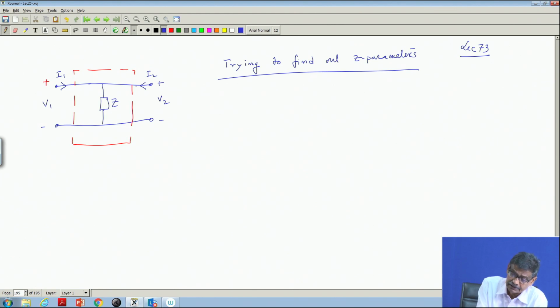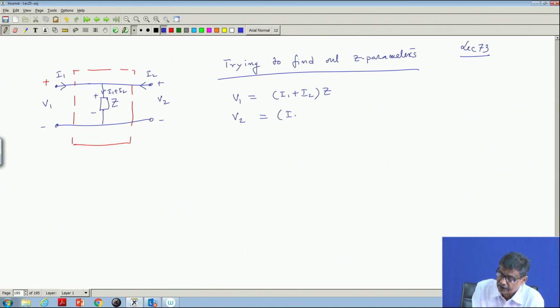For example, if this is I1, this is I2, this current must be I1 plus I2. Then V1 is nothing but I1 plus I2 into Z. The voltage drop across Z is I1 plus I2 into Z. Similarly, V2 is also I1 plus I2 into Z.